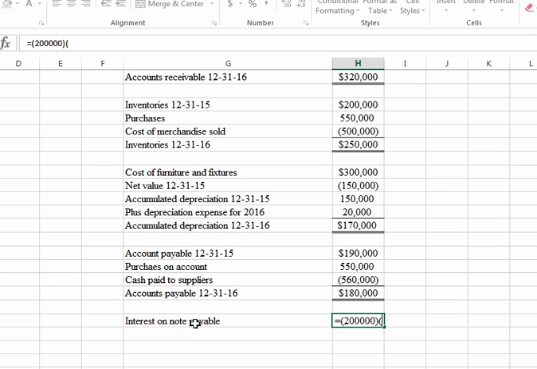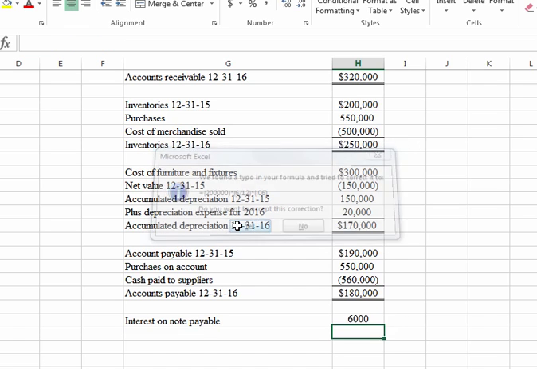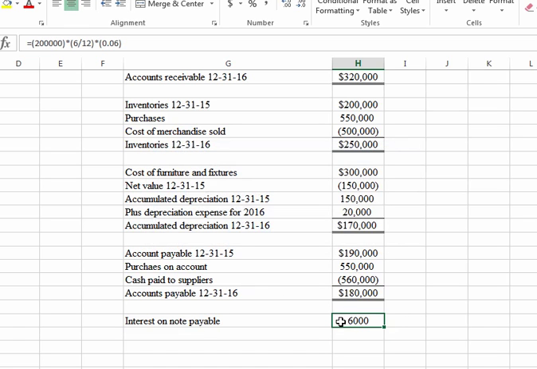We're only calculating 6 months worth, so I'm going to do 6 divided by 12 is how this book does it, times the 6%. See, the only interest that's been built up and not already recorded as an expense this year built up between July 1st and December 31st, so 6 months worth. So that comes to our $6,000.